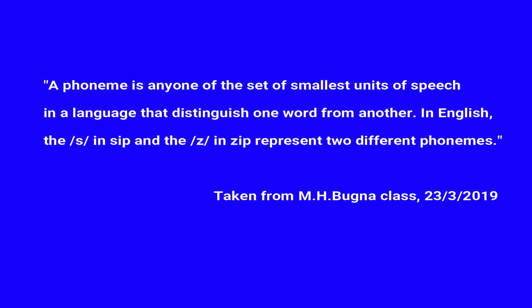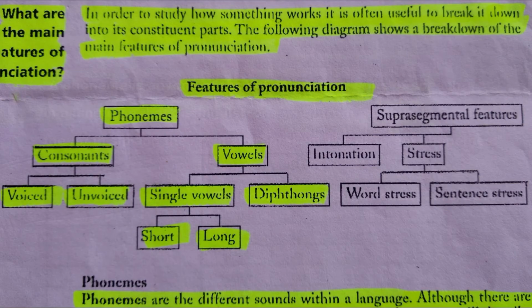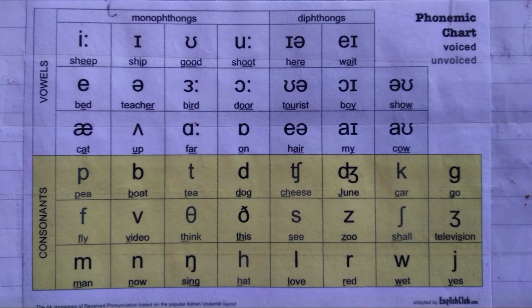In English, for example, the s in sip and the z in zip represent two different phonemes. Okay, so a phoneme is the smallest unit of speech. Each sound is a phoneme and is represented by a specific symbol.